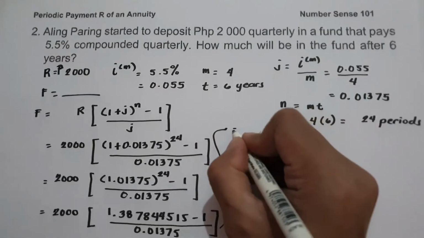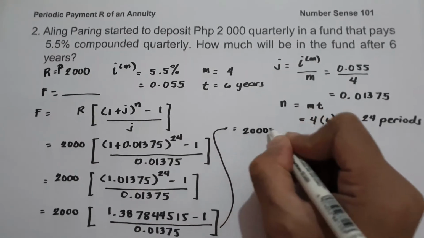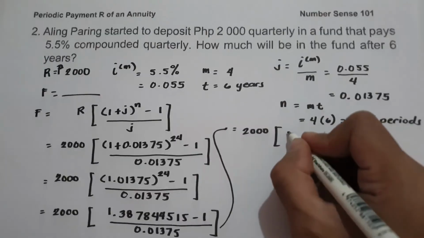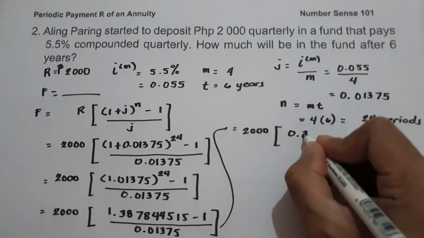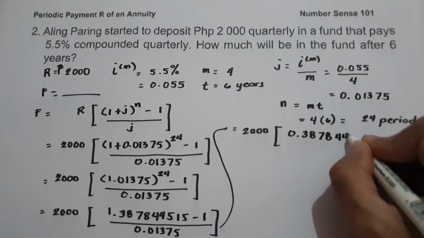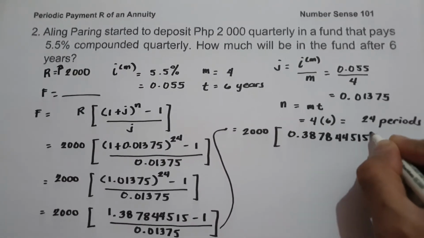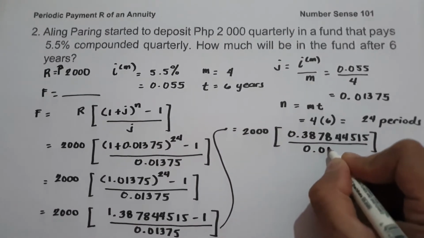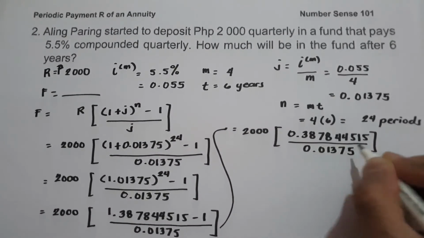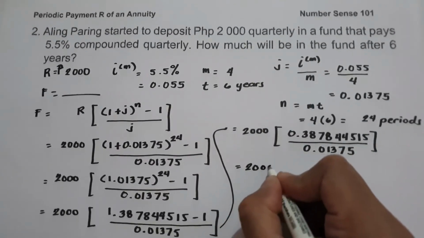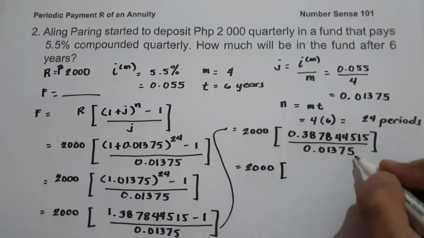And then, let us have 2,000, and let us subtract this one. If we are going to subtract this one, it will give us 0.387844515 divided by 0.01375. So let us have 2,000, and then let us divide this one.